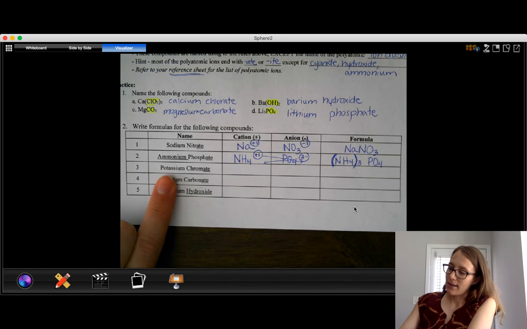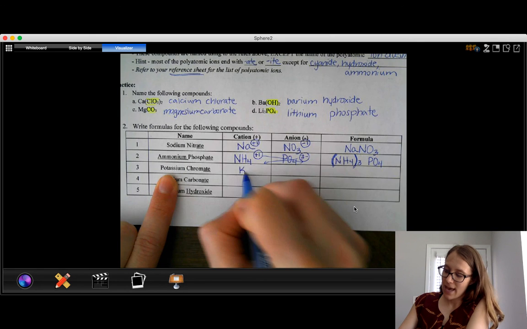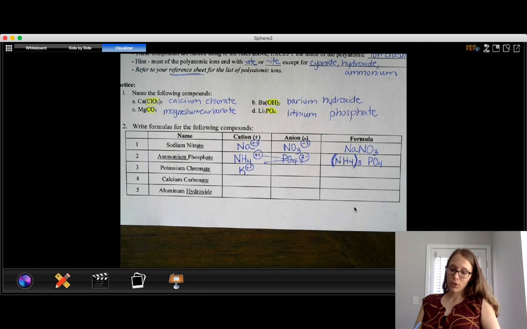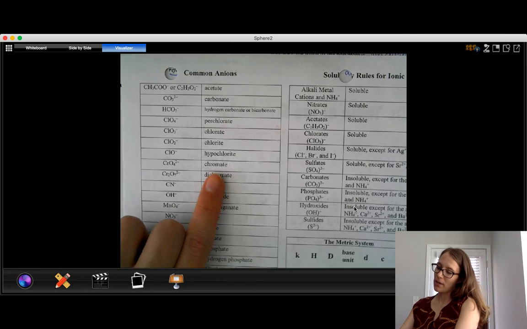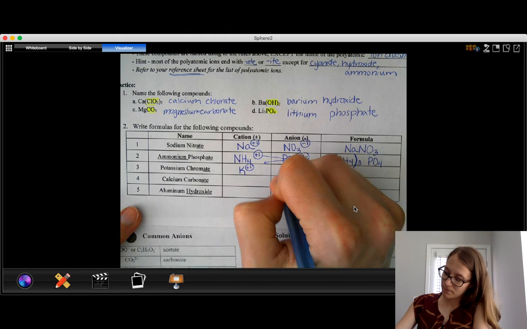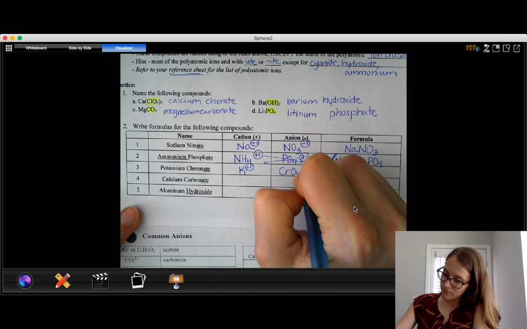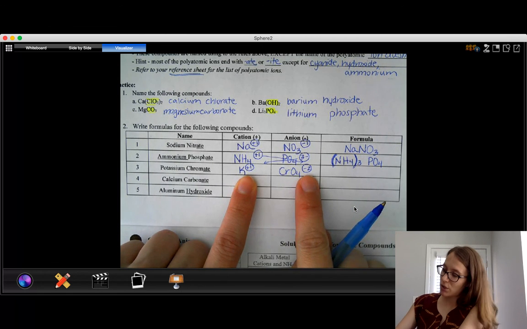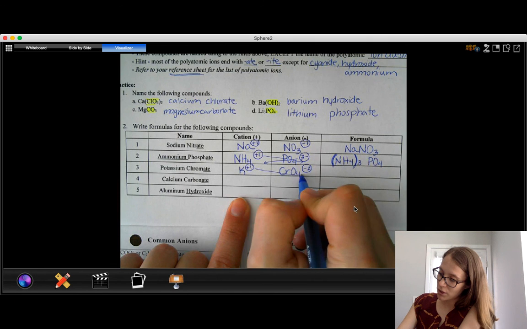Okay. All right, the element potassium is K. It has a charge of +1 from the periodic table. Chromate, I look up on here, CrO4 with a charge of -2. When we look at these, +1, -2, those are not the same charge.